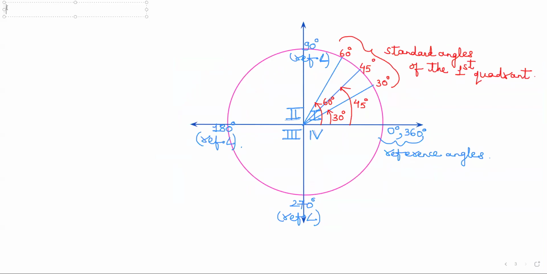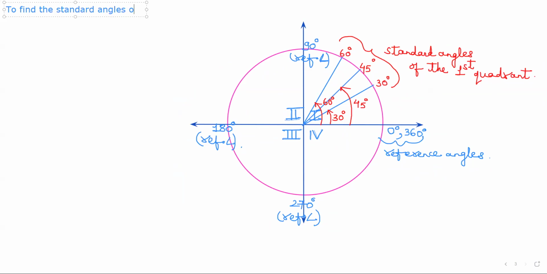Chalo. So once we know about the standard angles of the first quadrant, there is a way to find standard angles of the second, third, and fourth quadrant. So how do we do that? To find the standard angles of the second, third, and fourth quadrant, I'm giving you the method.